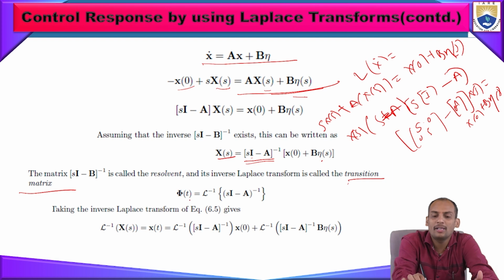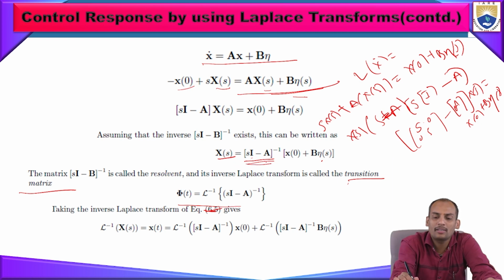If you denote that transition matrix with a phi of t function, phi of t will be L inverse of sI minus a inverse. If you substitute that inverse matrix into the above equation, L inverse of x of s will be equal to x of t. That will be L inverse of sI minus a inverse into x of 0 plus L inverse of sI minus a inverse into b eta of s.